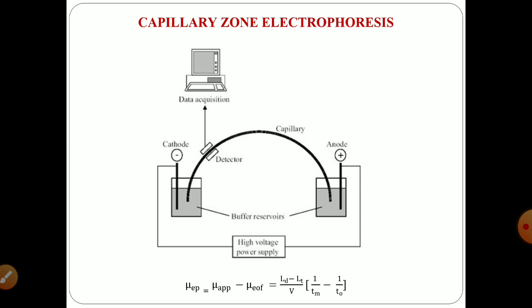The electrophoretic mobility of the compound is denoted by the symbol mu EP. This mu EP is the electrophoretic mobility of the compound in centimeter square per volt second. This electrophoretic mobility is given in the form of apparent electrophoretic mobility.